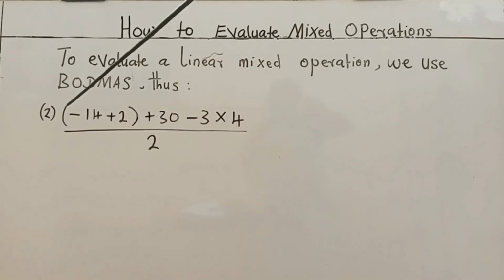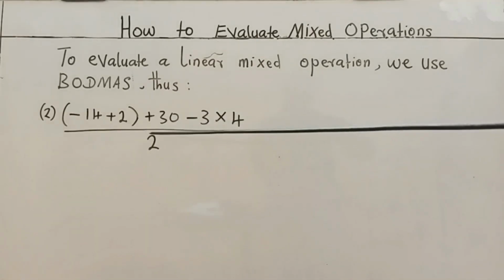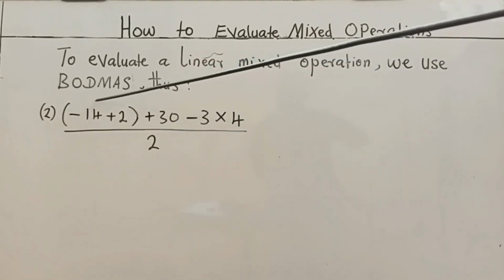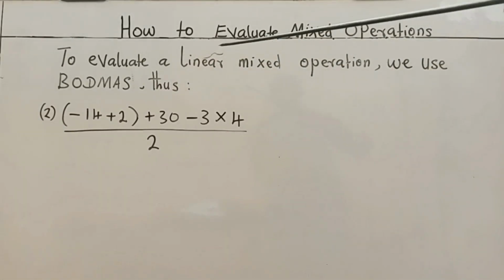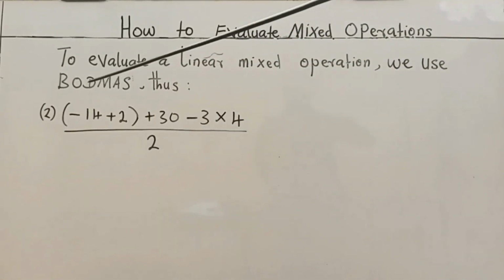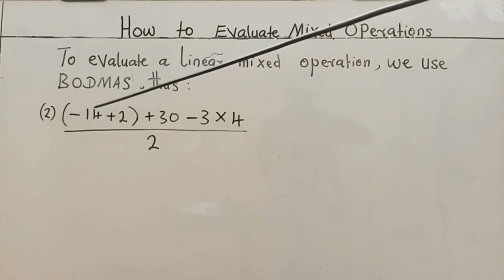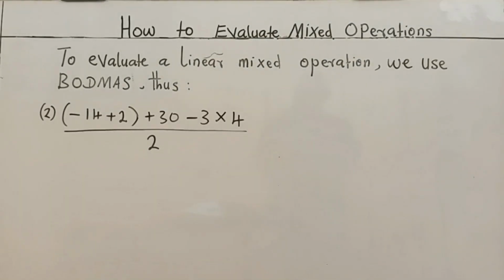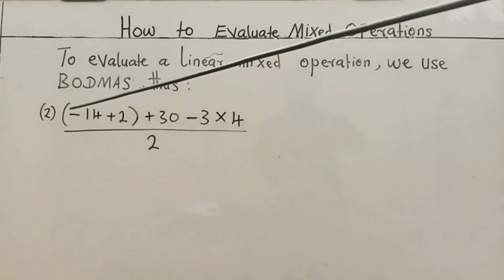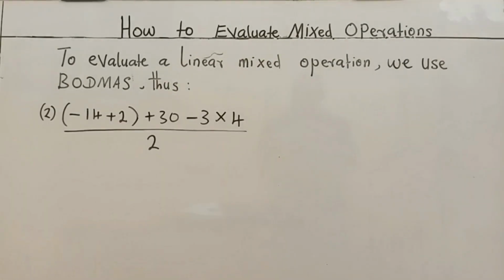In simplifying the dividend, because this is the divisor and this is the dividend. The divisor is one number already, but the dividend is not yet one number. So in an effort to make this dividend become one number, we see it as a linear mixed operation, and so we're going to apply BODMAS in simplifying the operation.